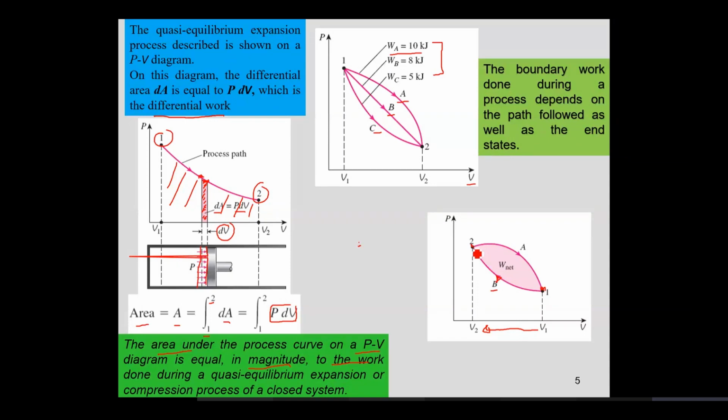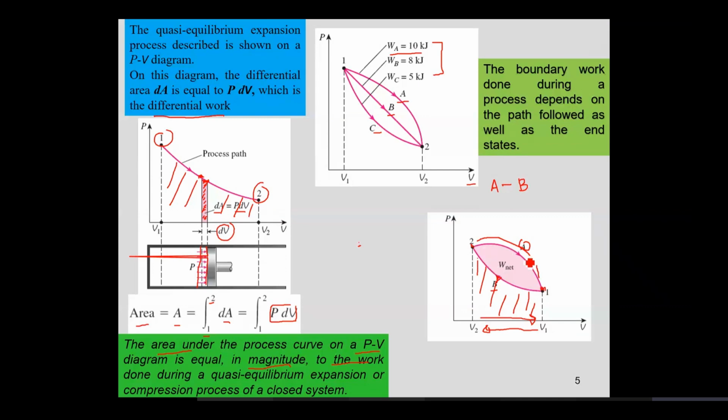And then I come back from 2 to 1 by path A, and this is essentially expansion. So if A and B are different paths, I would have some net work available to me, or some net work done by the system. So this net work is what? It is essentially the difference in the area between the two paths.